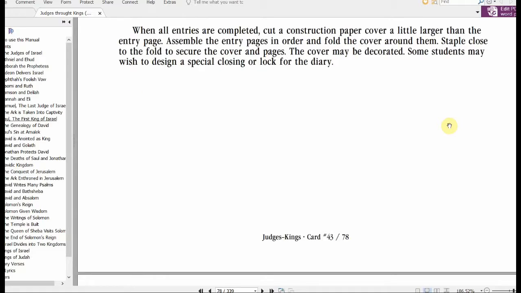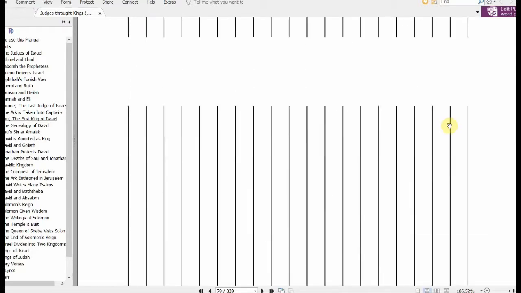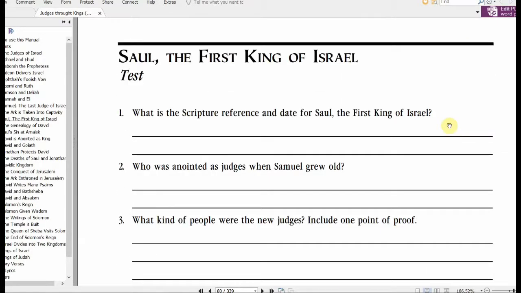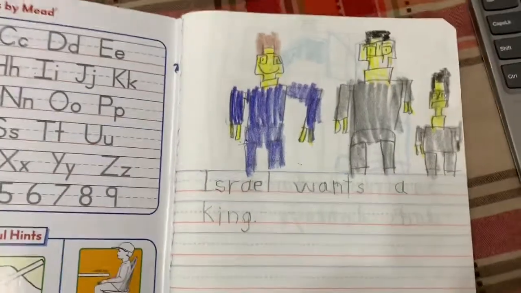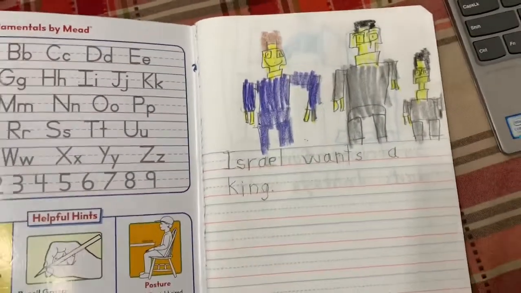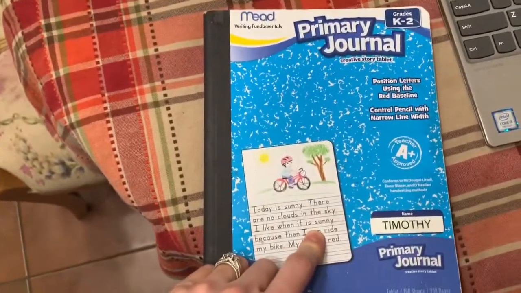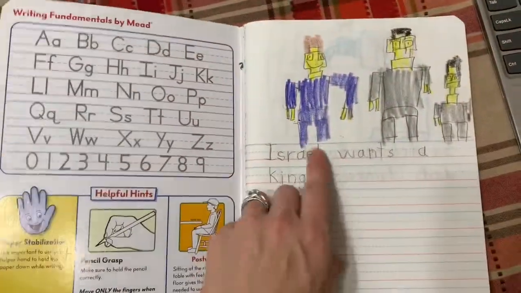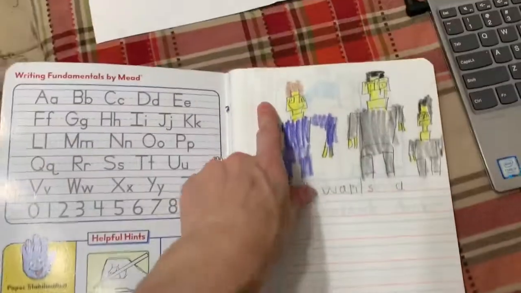They hate me for that. And then for my younger son, he has a little composition book where he colors a picture for whatever story we're on. For my first grader, I get one of these books right here, or you can get them at Walmart. I like them because they can write here and draw a picture here.